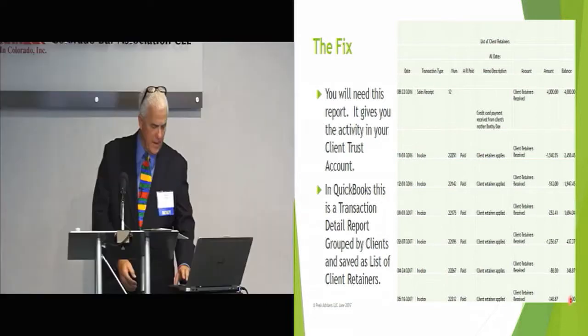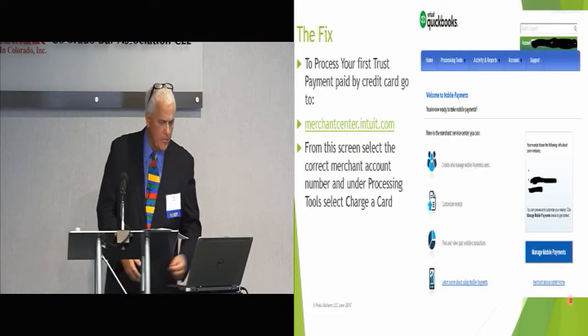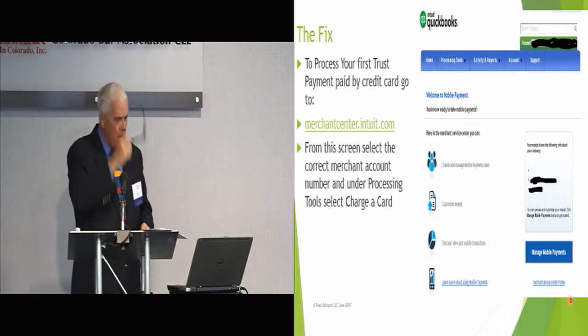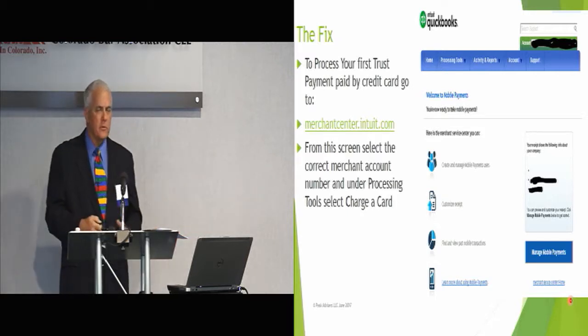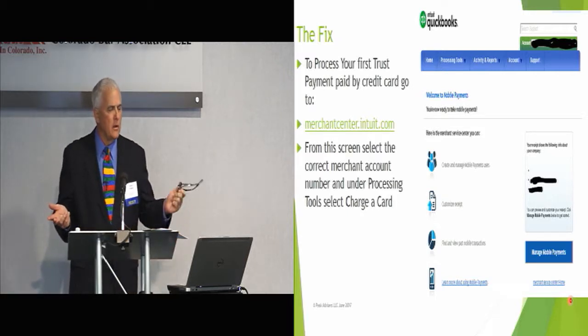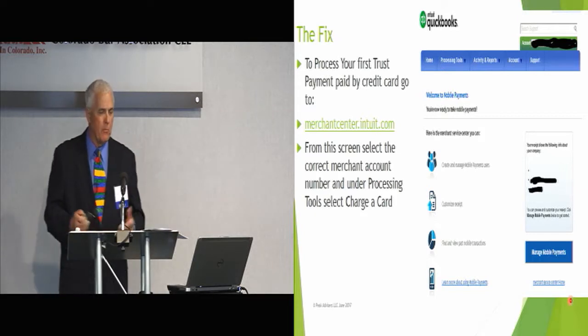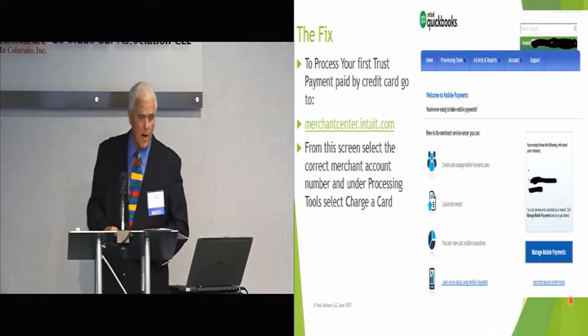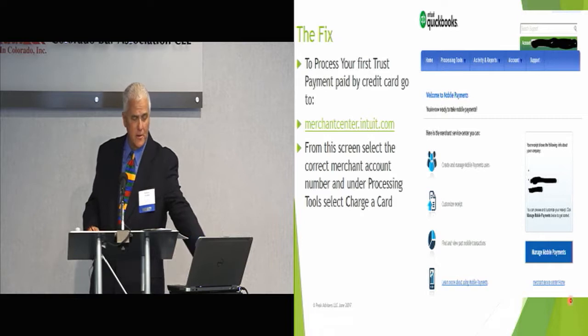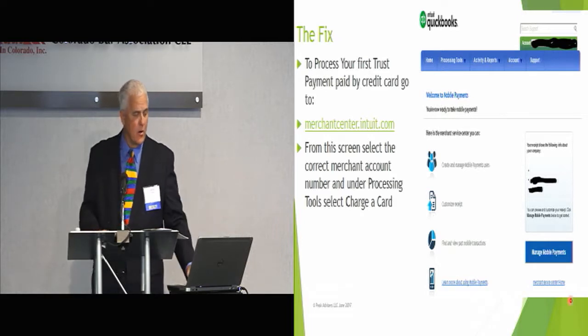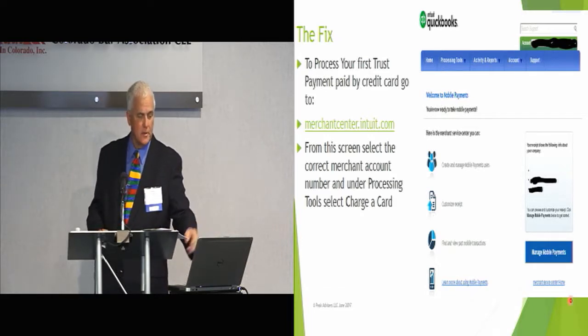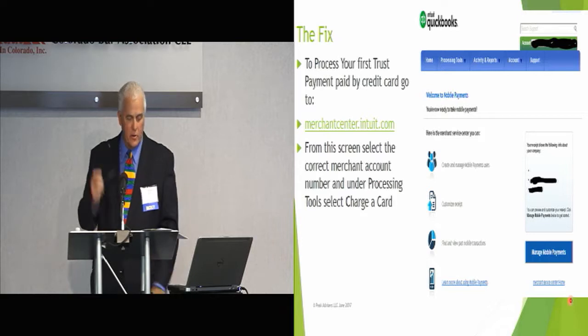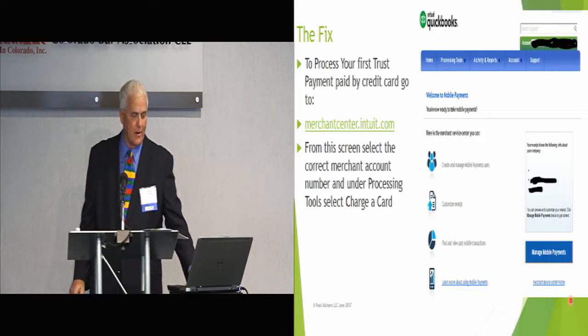Yes, thank you. So, again, the fix. Process your trust payment. To do it, you go to merchantcenter.intuit.com. Once you have this second account, this home office account, you're going to see a screen that looks like this. You're going to select from the screen processing tools, and then you're going to enter the amount and the credit card.